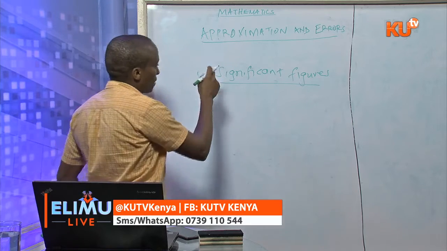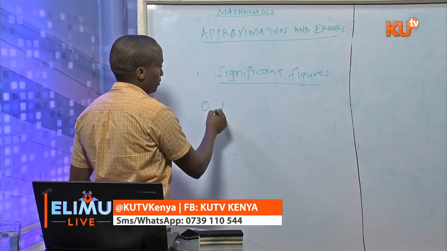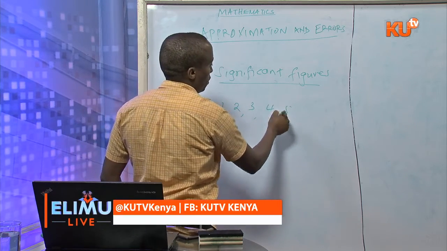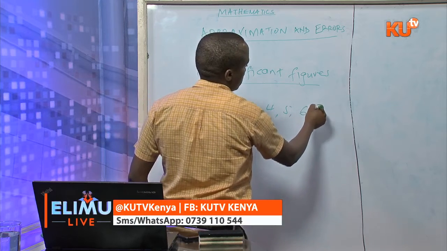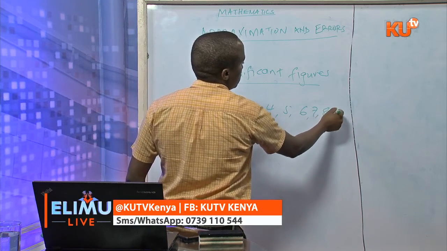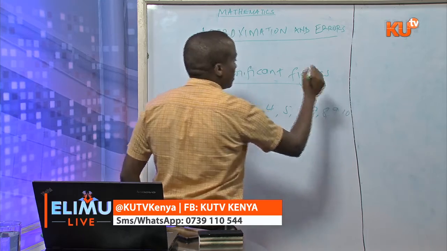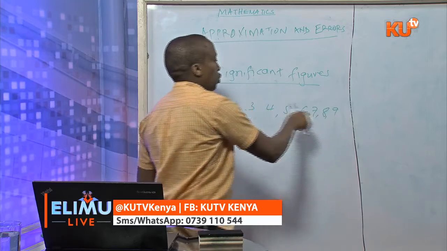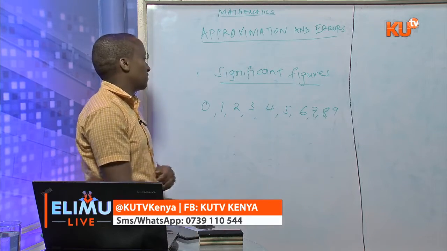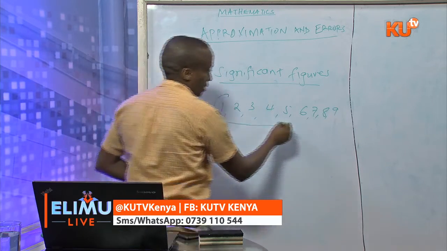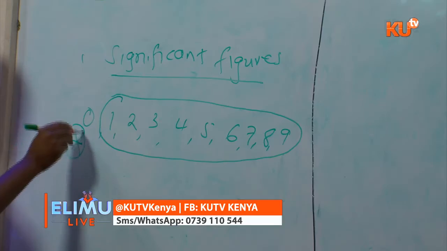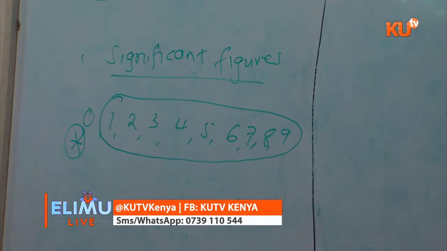Significant figures start from 0, 1, 2, 3, 4, 5, 6, 7, 8, 9. All these numbers are significant figures. But for zero, in some cases it is significant and in some cases it is not.